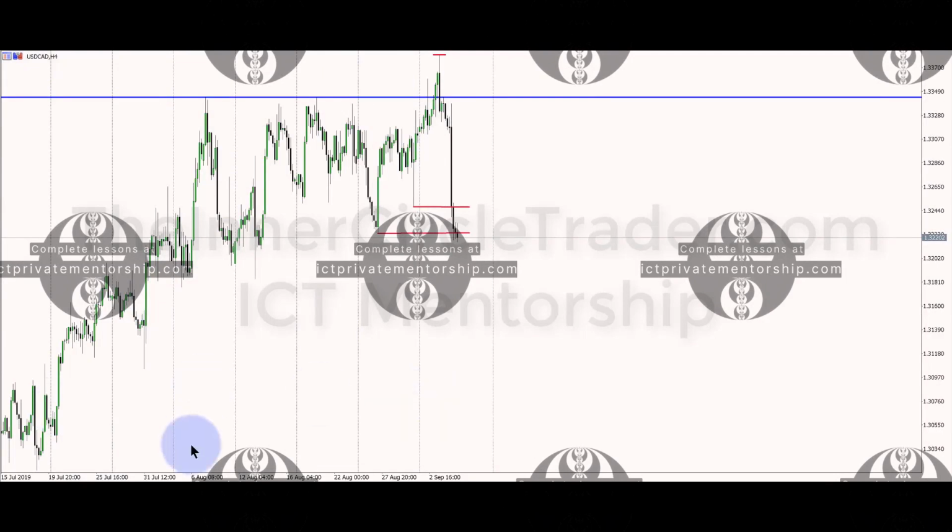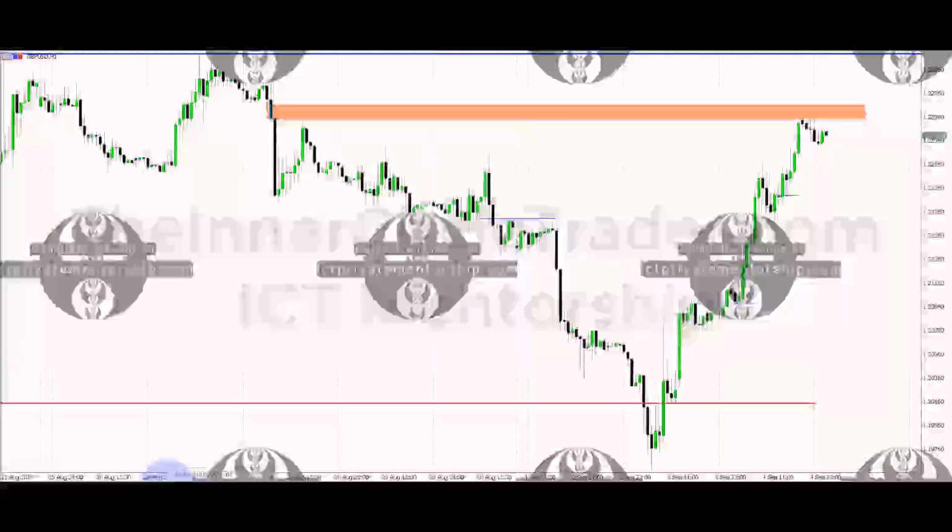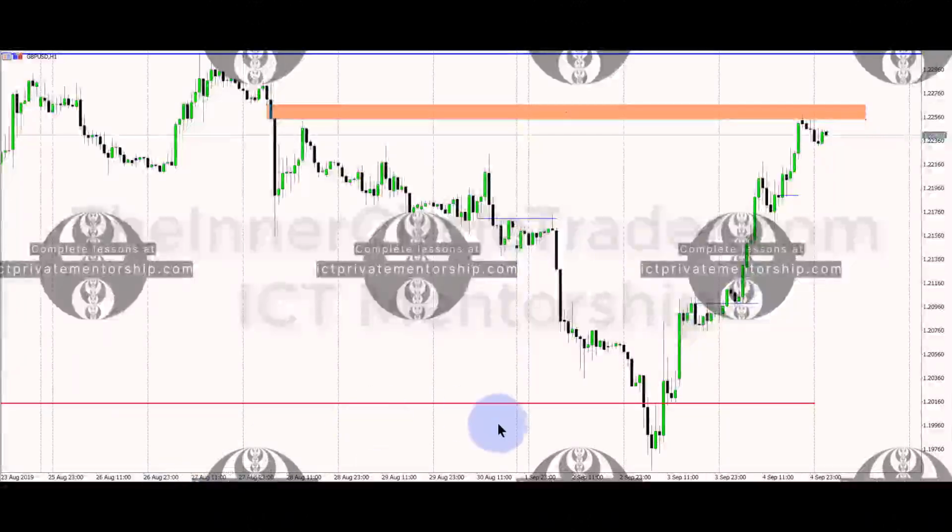I want to talk a little bit in closing about what we do and how we look for setups. I mentioned beforehand that we would be looking for the higher dollar, which we got. I mentioned specifically the run on the sell side liquidity for the cable, which we got.